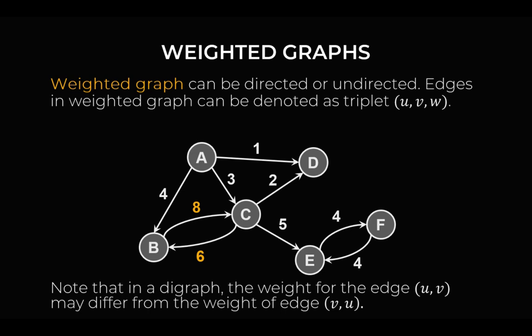This is the case for the edge between node B and C. This could represent a road having 4 lanes going from B to C and only 3 from C to B. This would allow more vehicles going from B to C in a given unit of time, hence a higher weight.